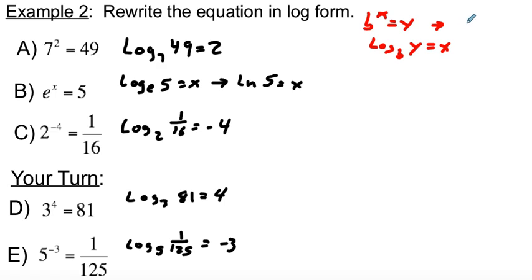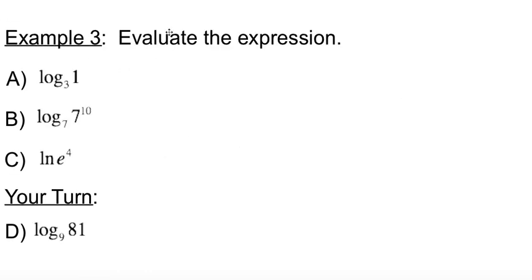Again, using this formula over here, that definition of logs, b to the x equals y is equivalent to log base b of y equals x. So that is what we've been working with, that formula over and over again. Similarly, we're going to do something similar over here. I'm going to set these equal to x.